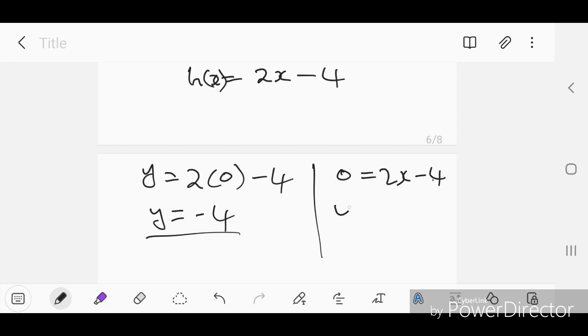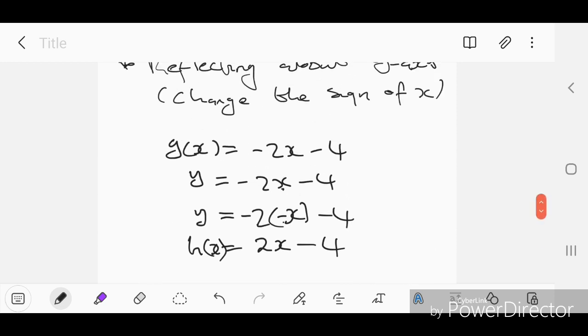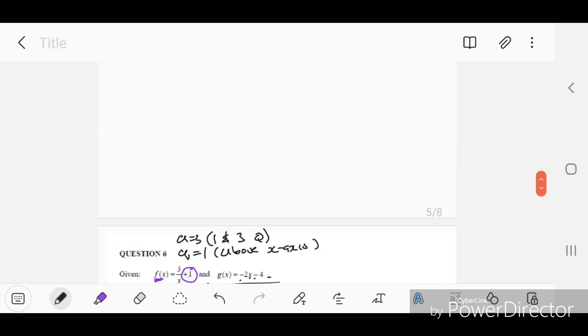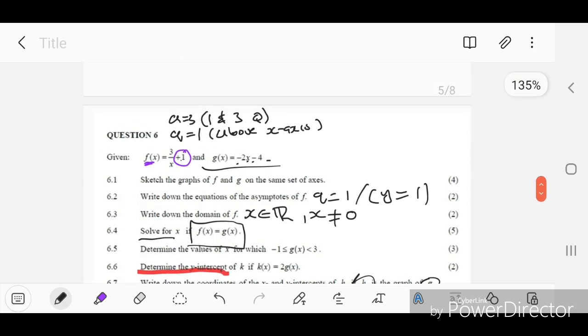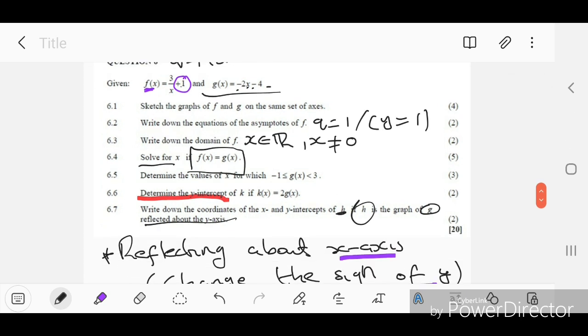This comes to the other side as positive 4. 2x divided by 2, divided by 2. So x equals 2. So the x-intercept is (2, 0) and the y-intercept is (0, minus 4). So yeah, we are done.